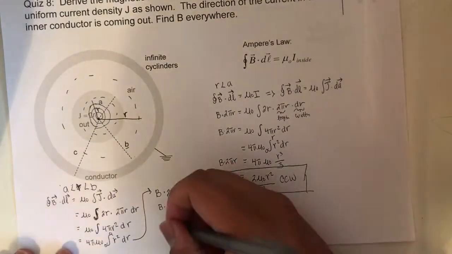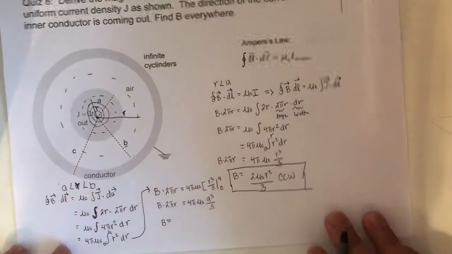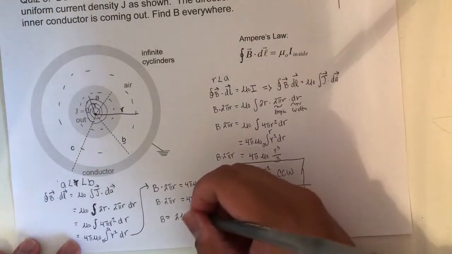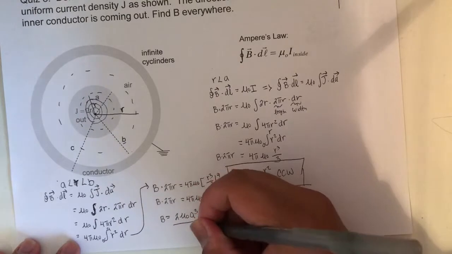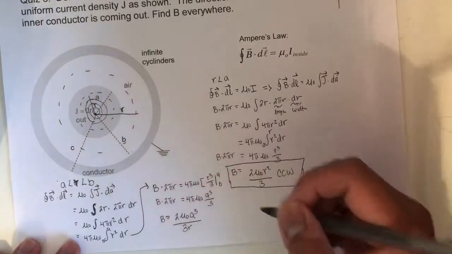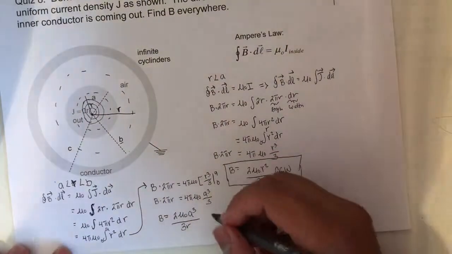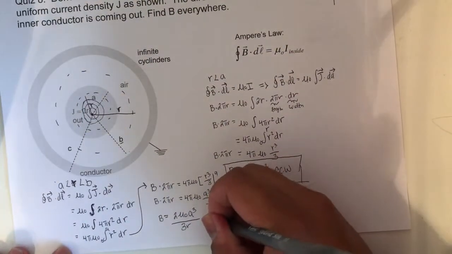Solving for B, B is equal to 2 mu naught a cubed over 3r. Again, this is in the counterclockwise direction.